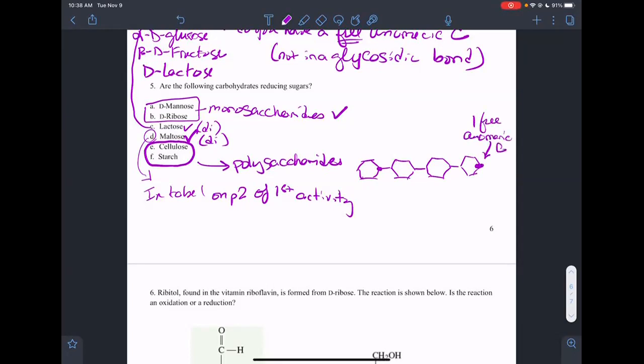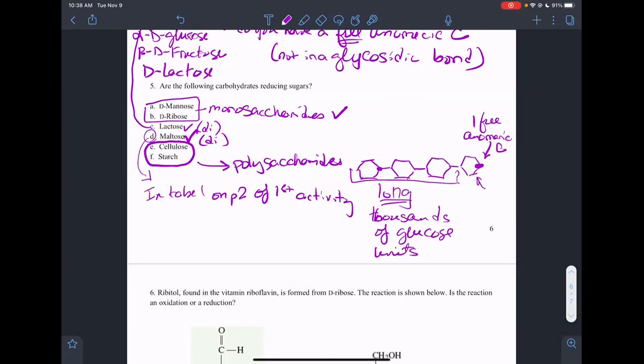But if I want to use this to quantify the amount of sugar there, it's not going to be a real measurement of how much cellulose or how much starch I have, because you're only going to be measuring one when you have this chain here that's going to be thousands. It's very long. So thousands of glucose units, right?